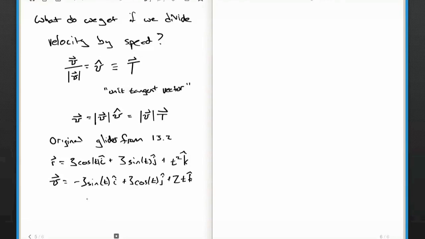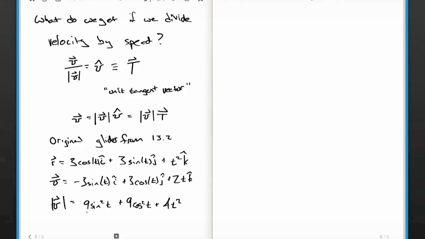Now the magnitude of this thing, so if we square things a little bit, then the magnitude equals, well, if we square this, it becomes 9 sine squared of t, plus 9 cosine squared of t, plus 4t squared.